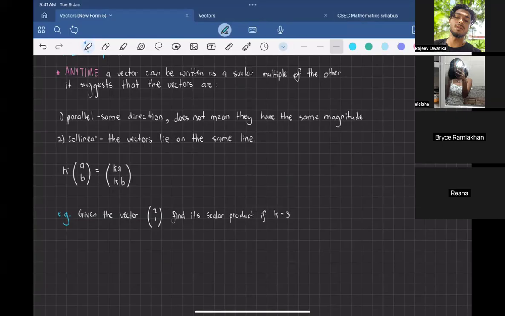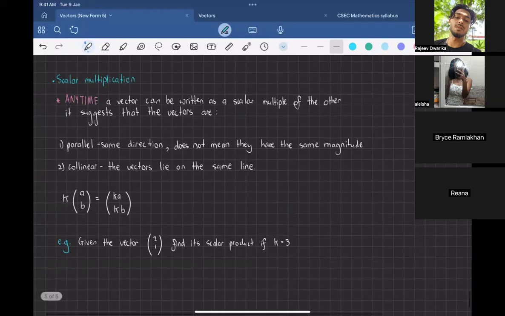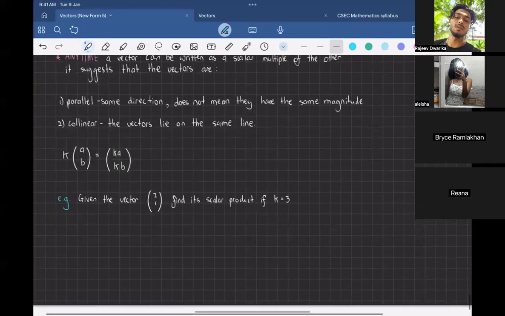Did anybody figure out the answer? What's the answer? It is (6, 3), the same thing I just gave you. You see what I did? I reverse engineered it.